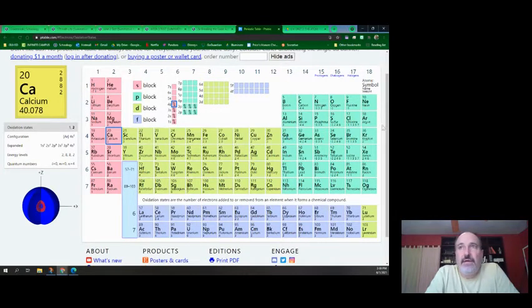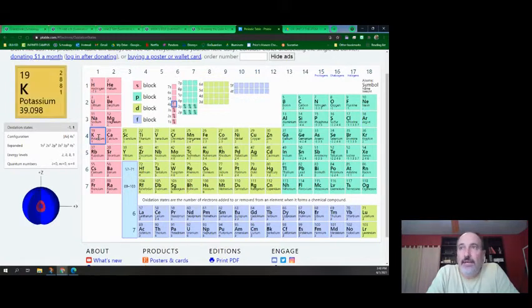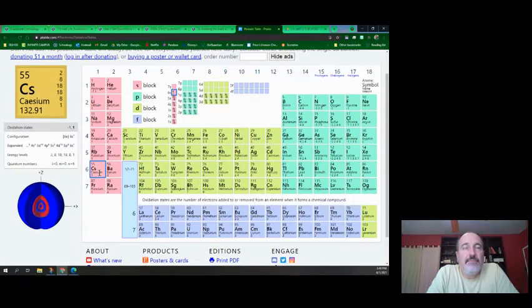Calcium has 20 electrons. Argon here is one complete p orbital. And then it jumps down to the next S1, always. It completes a p, and then it jumps down to S. Like xenon completes a P, jumps down to an S.